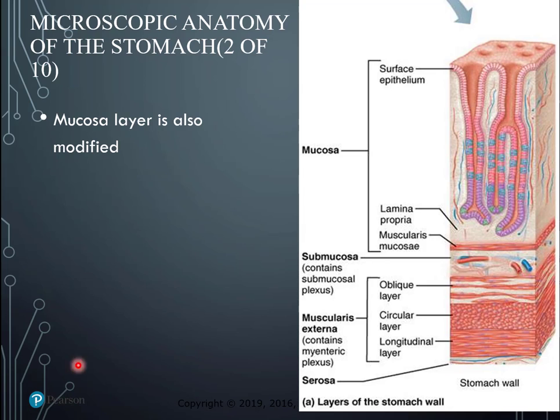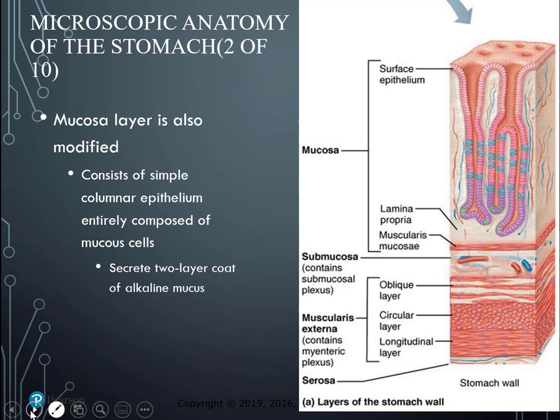The mucosa, which is the one that covers the lumen, is also modified. The mucosa contains simple columnar epithelium, which is a drastic change from the stratified squamous epithelium of the esophagus. Okay, and they are made up of many goblet cells or mucus cells.